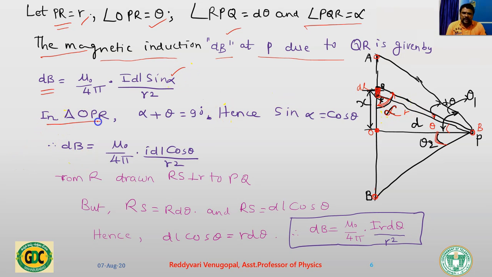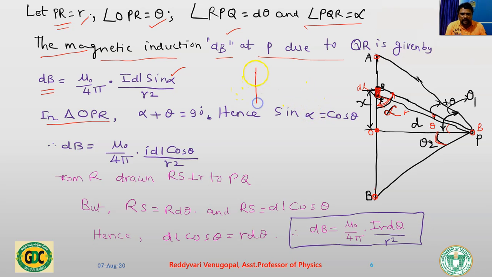And in triangle OPR, theta plus alpha is equal to 90 degrees. If you sum up these two, it will become 90 degrees. Why? I will explain.